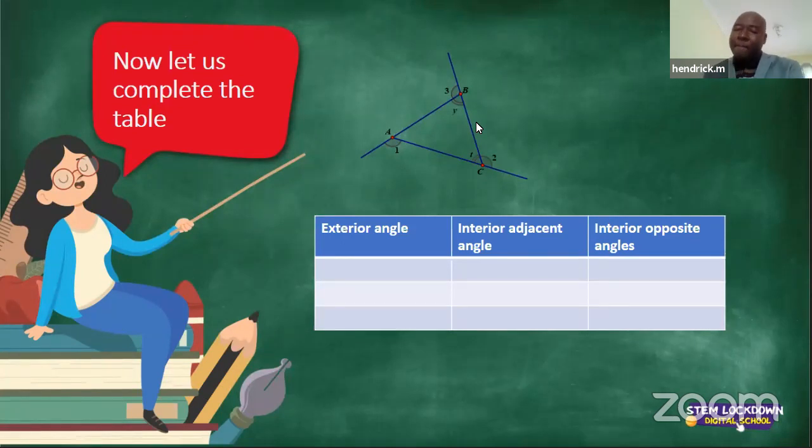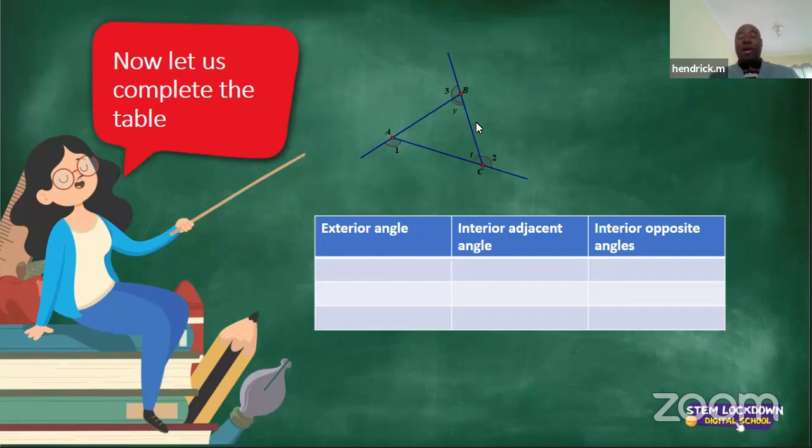And I've also said the interior opposite angles, which are opposite to A1, are Y and T, as you can see on the board.